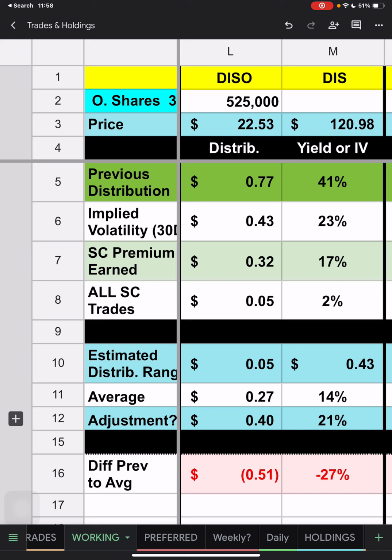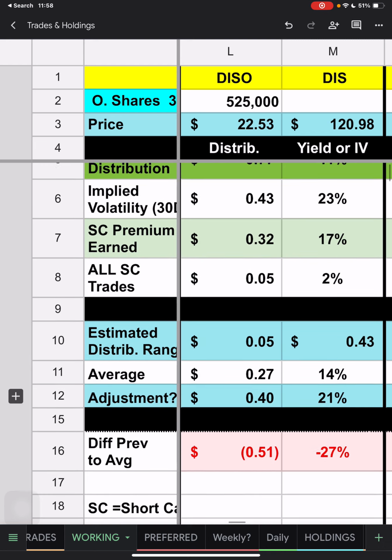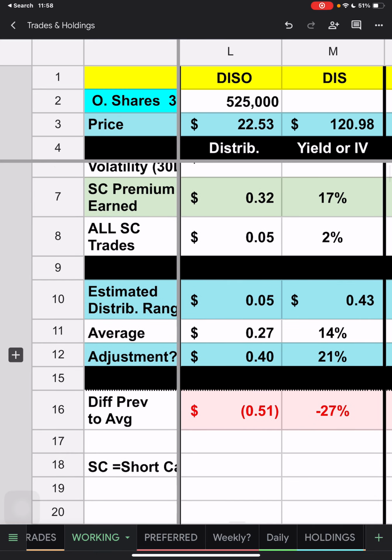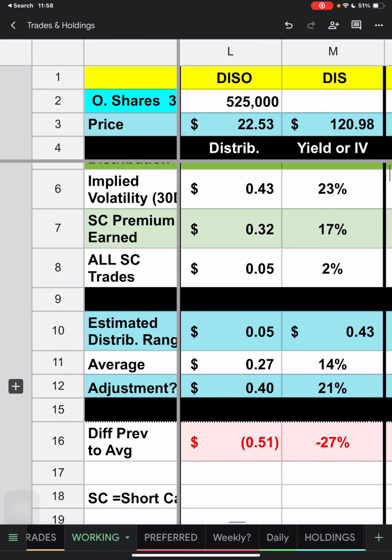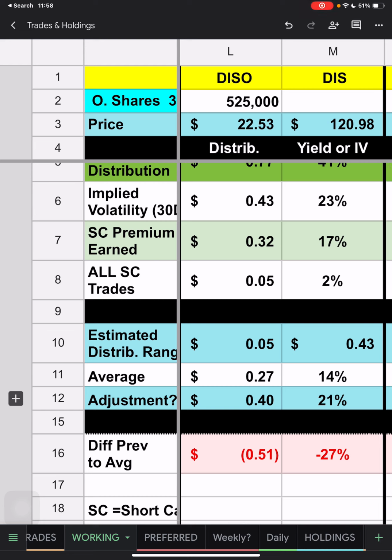All right. Of course, down here at the bottom, a difference in previous to average, 51 cents. I should probably do maybe a difference of my estimate to previous. I'm just typing that down in my notes, so that way I don't have to go watch my video again later.